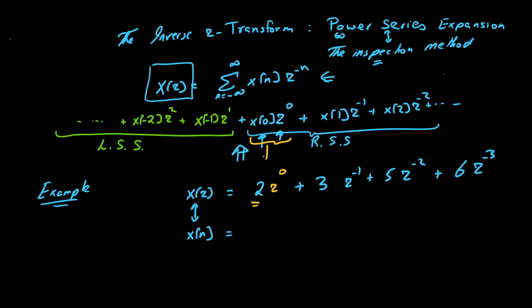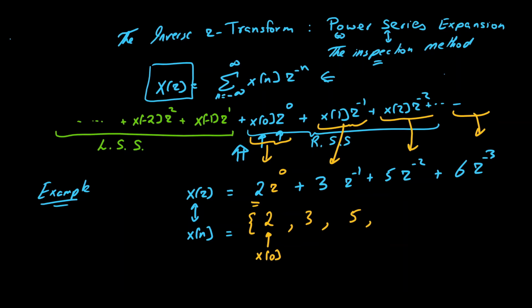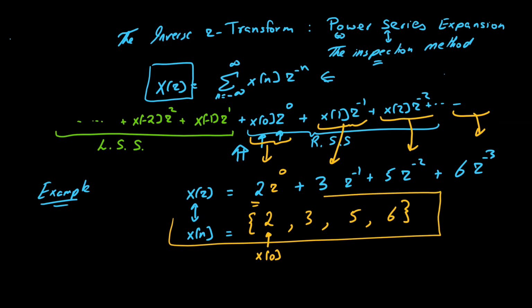So this relates with this, and so on. At time instant 0, that is x(0), the value is simply 2. Similarly, at time instant 1, the value of x(n) is 3. At time instant 2, it is 5, and at time instant 3, it is 6. So this is just from inspection our inverse Z transform. Hence it's called the inspection method.